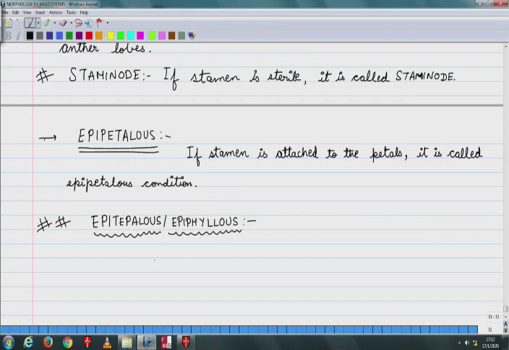Please write: in some plants, petal and sepal are fused together.